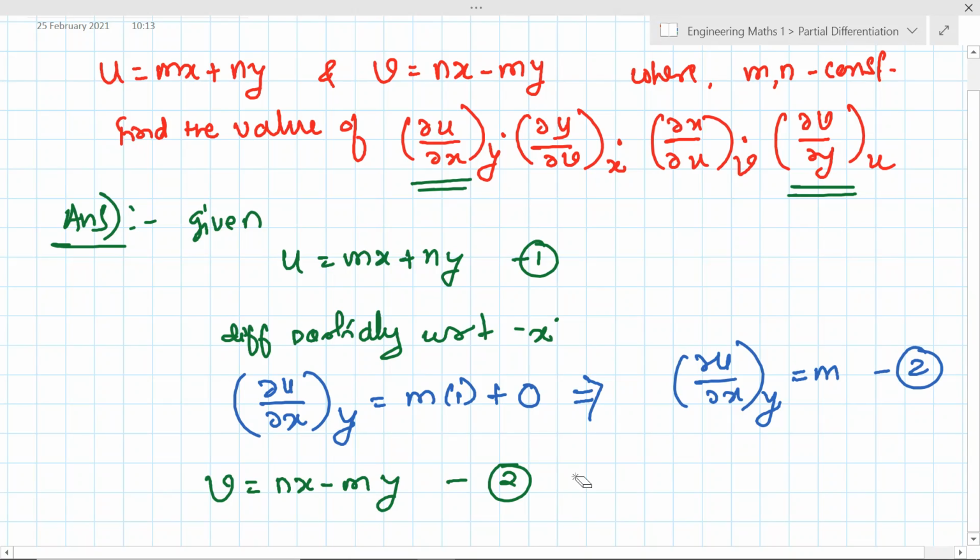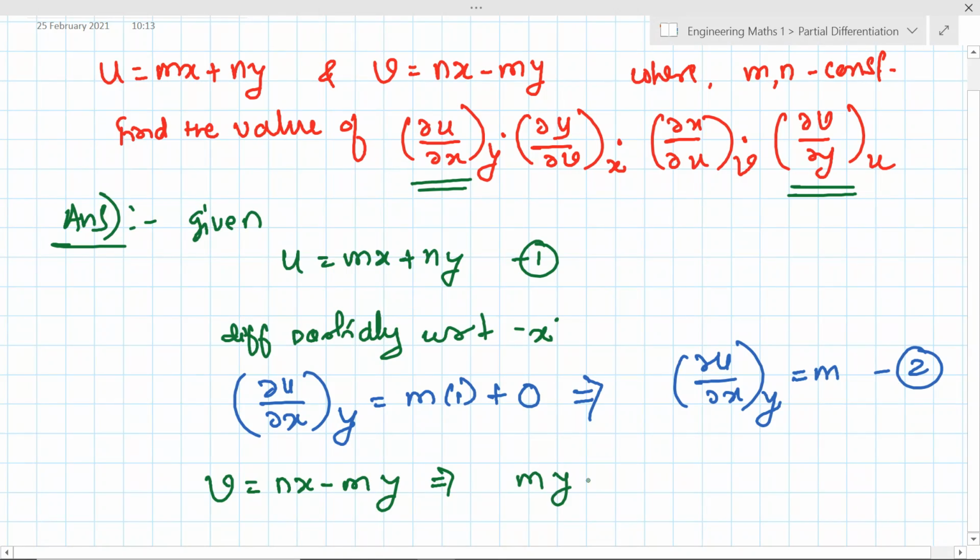So we have to find out the value of y. From this we can easily find out the value of y. So from this, v = nx - my.